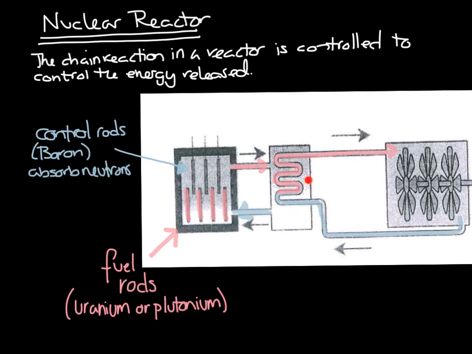Really important that we keep these two sets of liquid and gas separate, because this liquid or gas is contaminated. If that escapes and somebody drinks it or breathes it in, they are going to be contaminated. This set of water or gas doesn't have to be contaminated because we've got it separate, so that makes it a bit easier to process all of the waste.